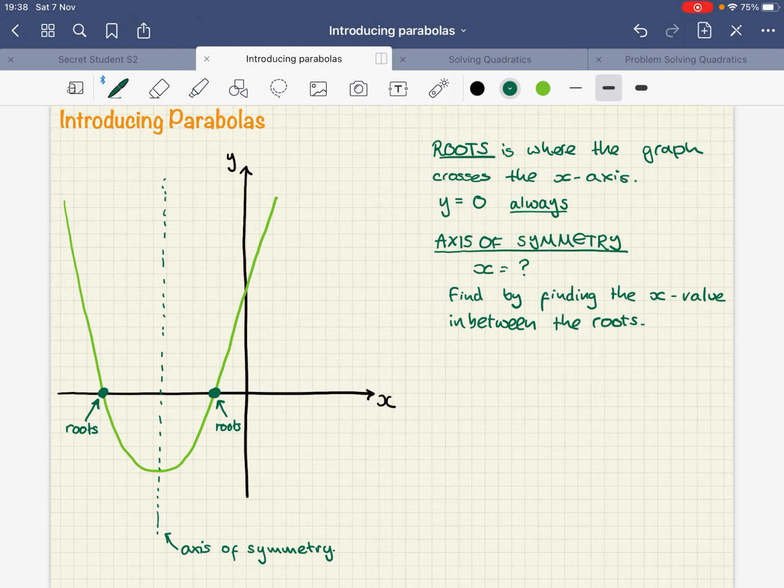And then there's one other key thing that is new to Nat 5, and it is this point here at the very bottom, at least at the very bottom of this graph anyway. And we call this the turning point. So our turning point is the other thing, and to find it, our x value is the same as the axis of symmetry.